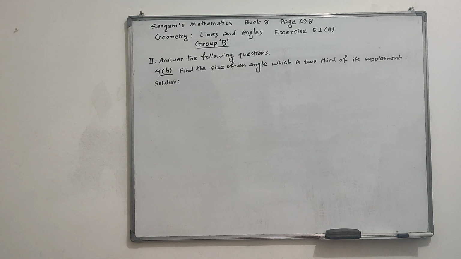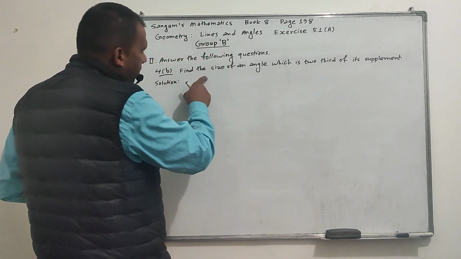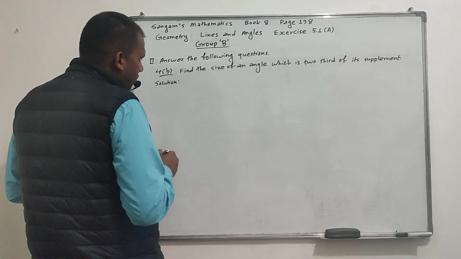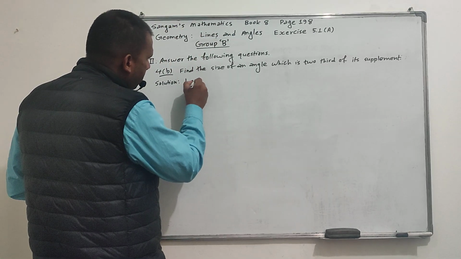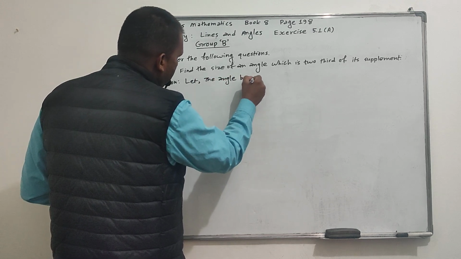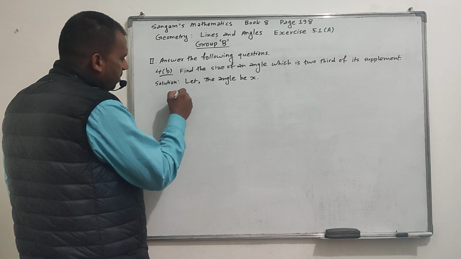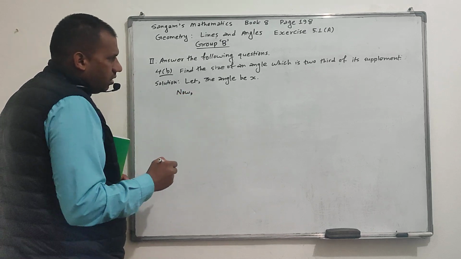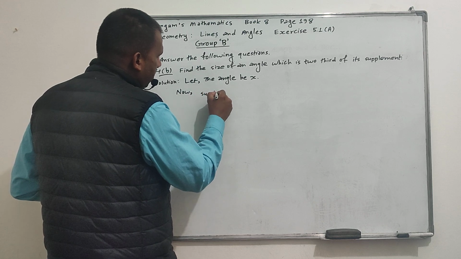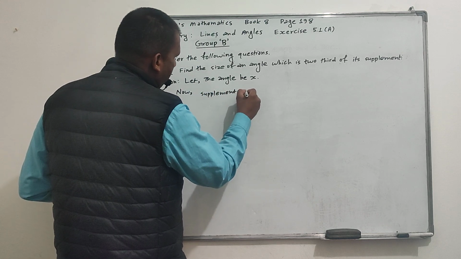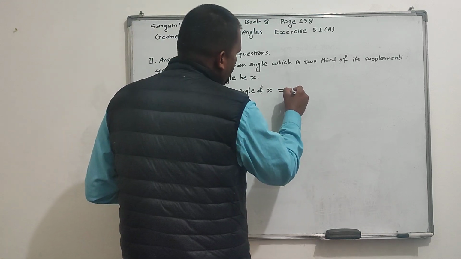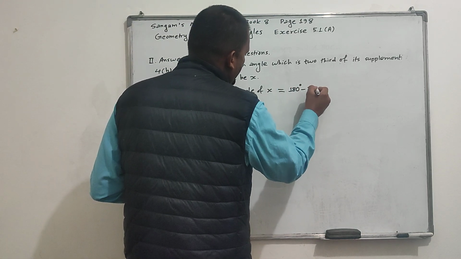Okay students, now for b, find the size of an angle which is 2/3 of its supplement. Solution, let the angle be x. Now its supplement angle, supplement angle of x equal to 180 degrees minus x.